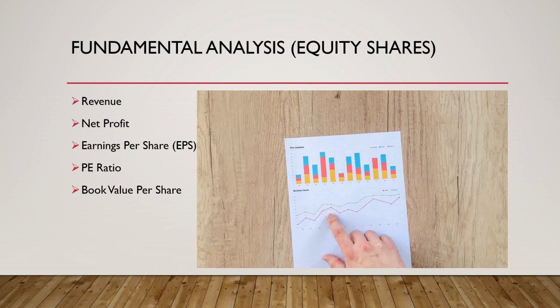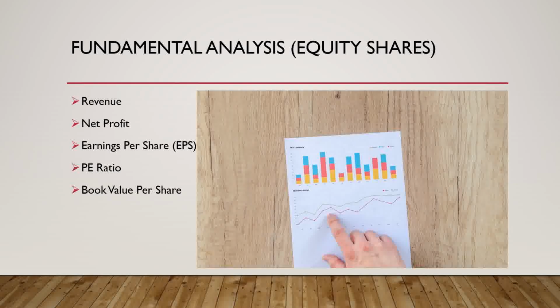The net profit margin of a company should be equal to or more than the sector average net profit margin. Higher the net profit margin, better the company's performance.